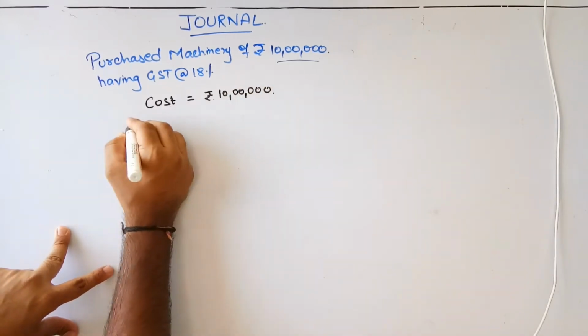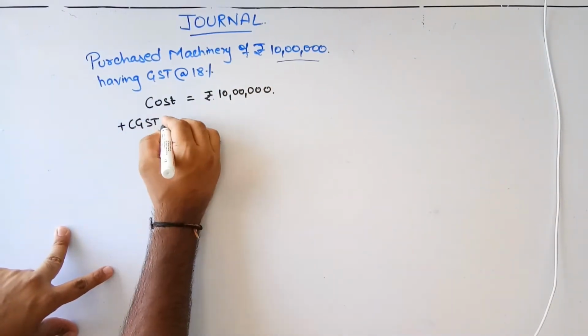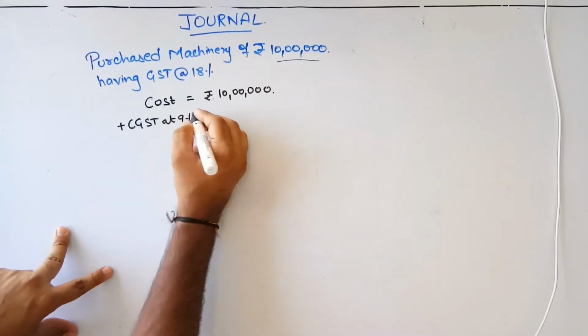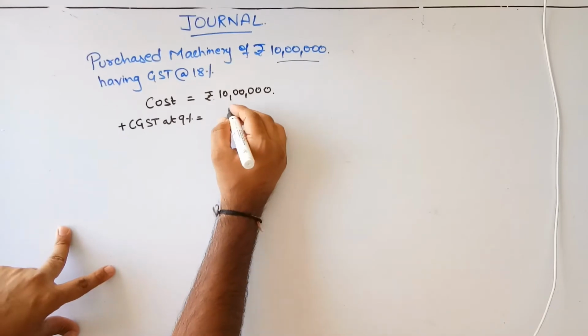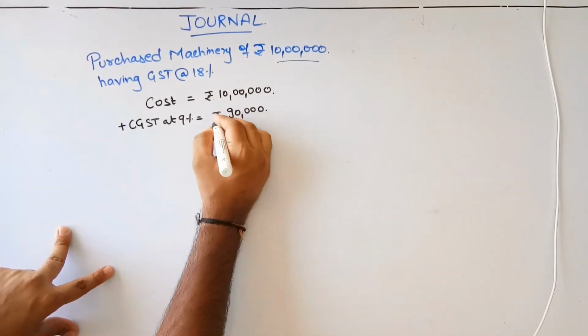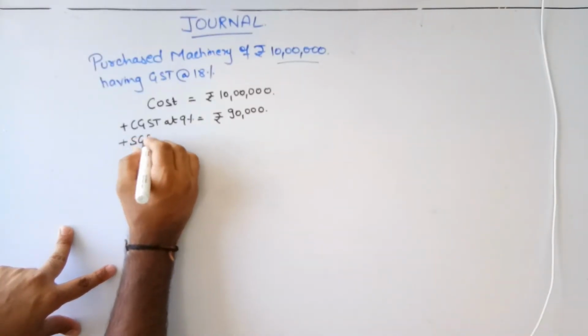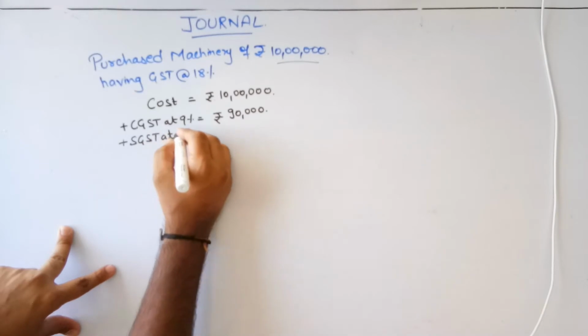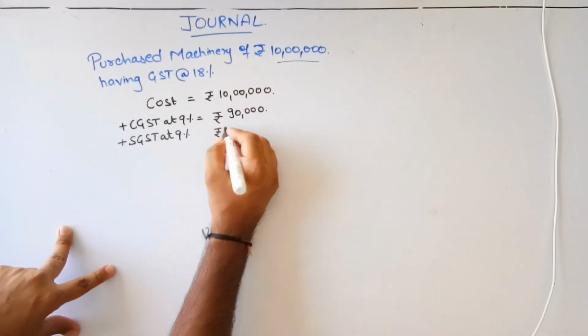Add CGST at 9%, which equals 9% of 10 lakhs, which comes to 90,000. And add SGST at 9%, again 9% of 10 lakhs, which comes to rupees 90,000.